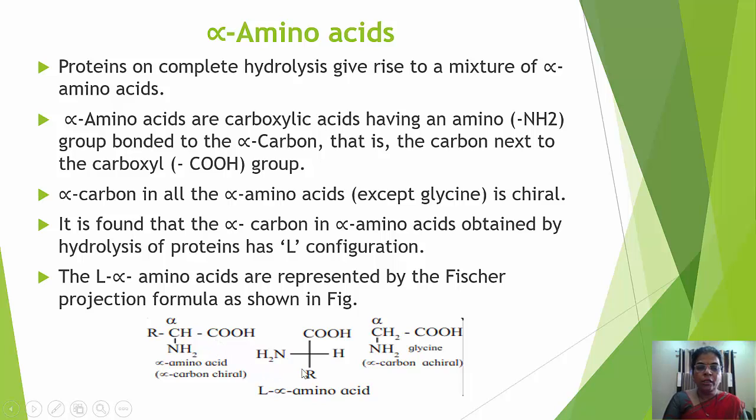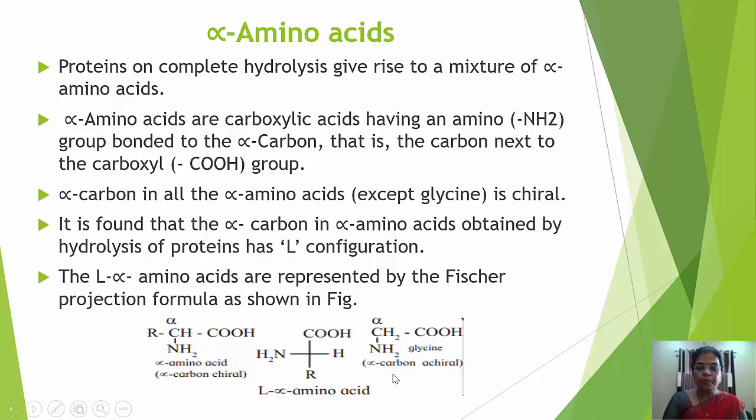This is the structure of L alpha amino acid according to the Fischer projection formula. Here the lowest chiral carbon atom is bonded to the NH2 group and hydrogen atom. Now this NH2 group, like the OH group in carbohydrates, is present on the left side, therefore it is L alpha amino acid.